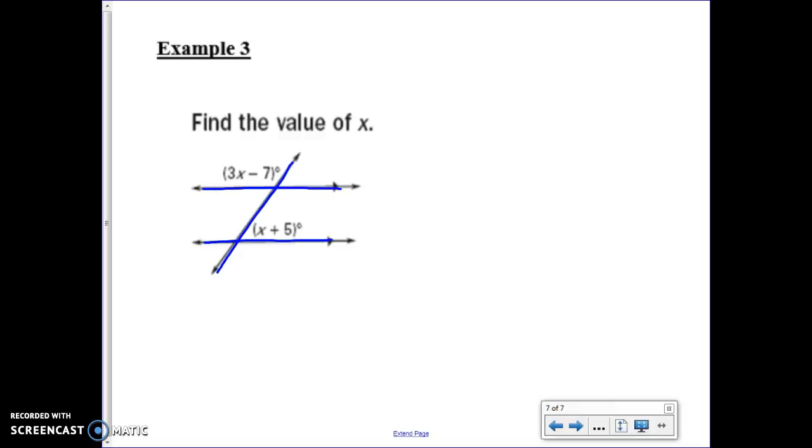So there's lots of different ways we can look at this. But we need to get to an angle pair relationship that we do know. So one thing I immediately see is this 3x minus 7 up here would correspond to this angle right here. So if I know that this top one is 3x minus 7, I also know that this would be 3x minus 7.